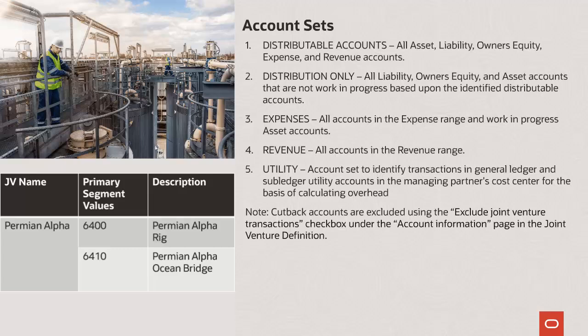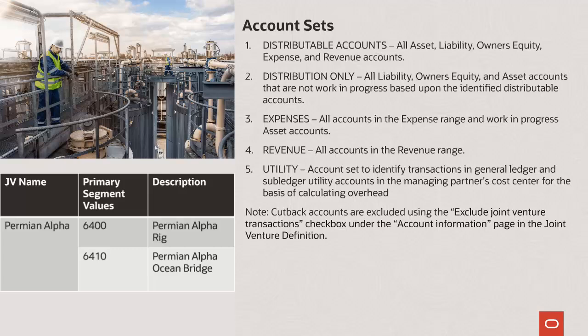For the scenario, it has been determined that there should be 5 account sets. Distributable accounts, account set to include all asset, liability, owner's equity, expense, and revenue accounts. Distribution only, account set to include all liability, owner's equity, and asset accounts that are not work in progress based upon the identified distributable accounts.